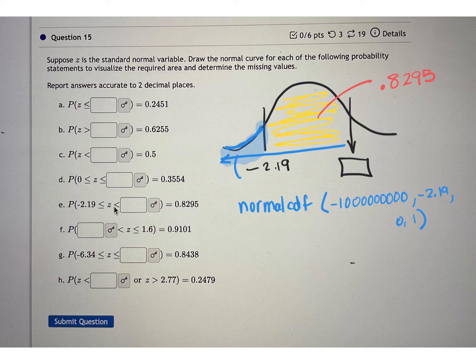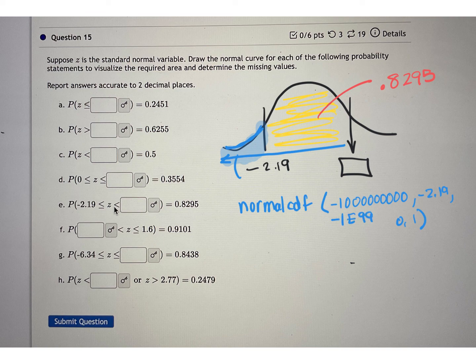So again, on my calculator, second distribution, number 2, normal CDF. Lower limit, mine already has a -1E99, which is great.